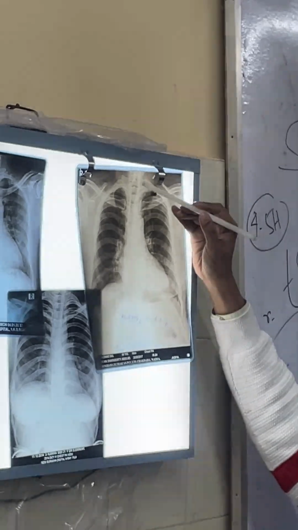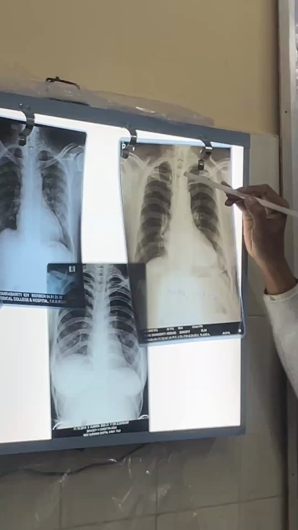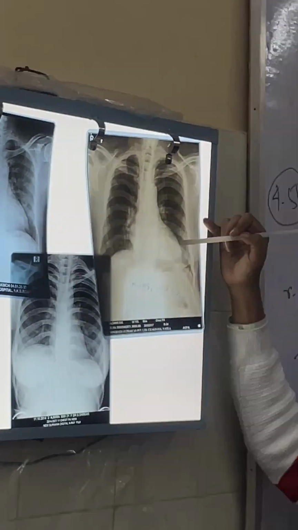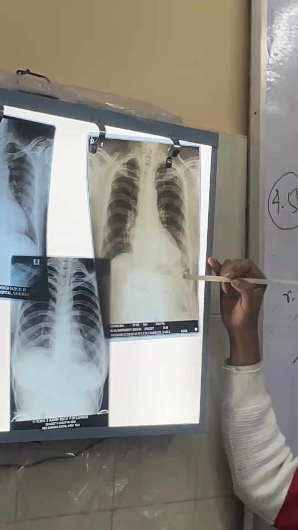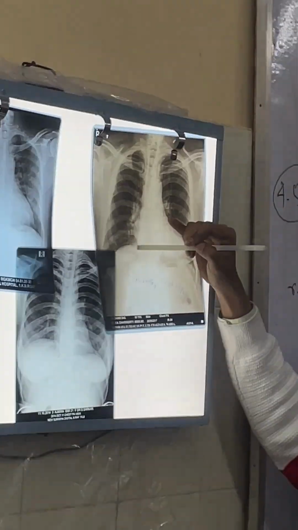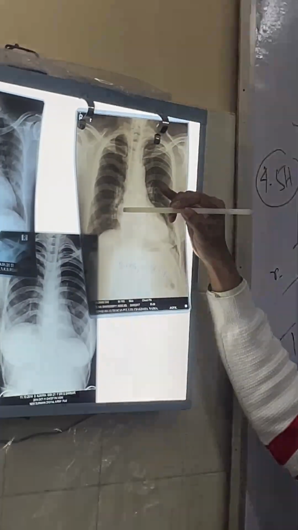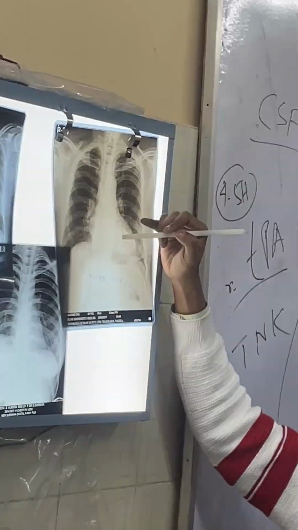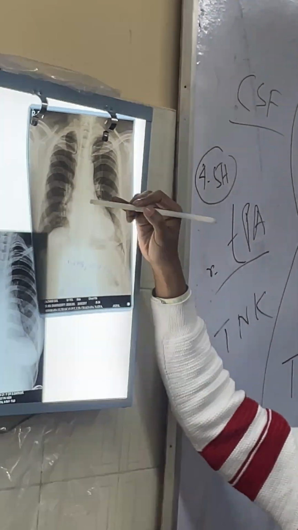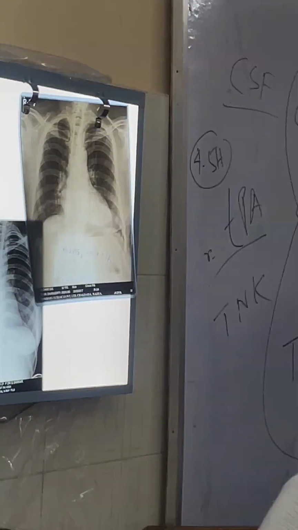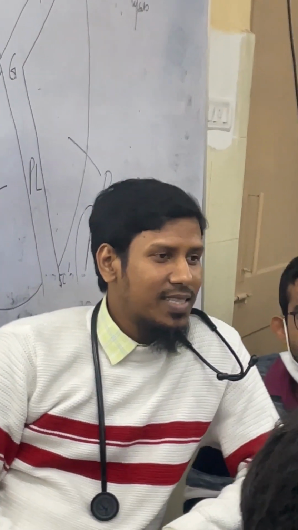And if you draw a midline, from the midline take the farthest part of the left ventricle, this part, and the farthest part of the right atrium, this part. If this part is A and this part is B, then A plus B should always be less than 50% of the thorax.